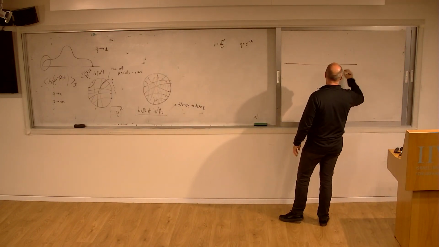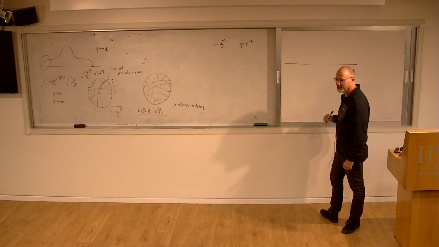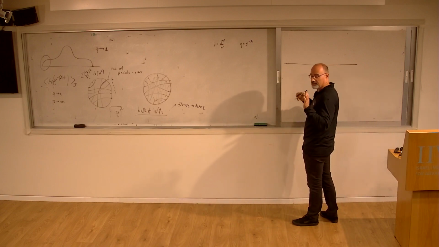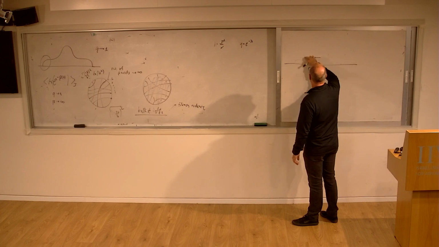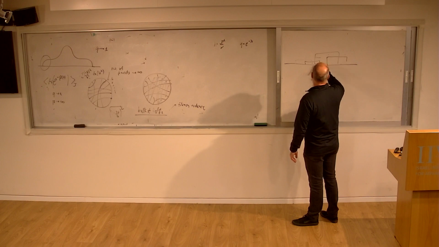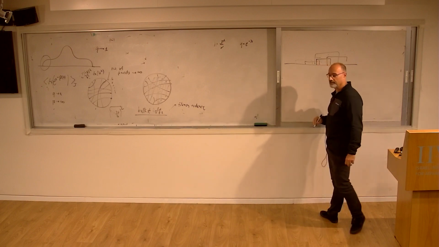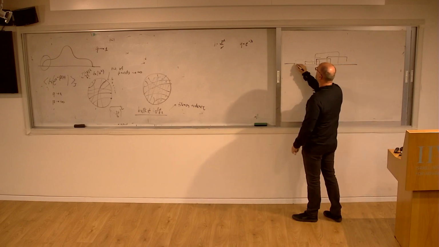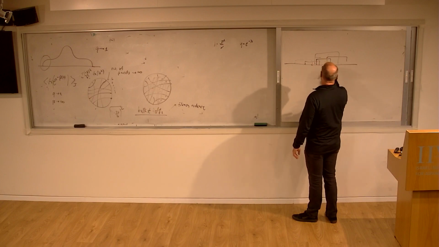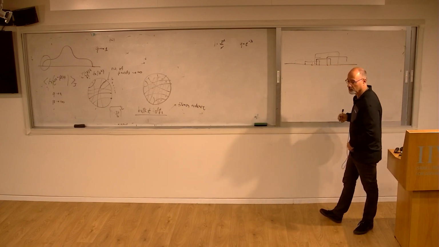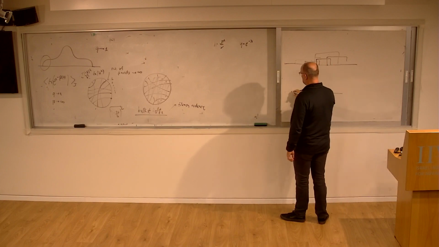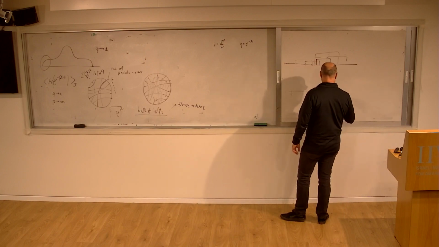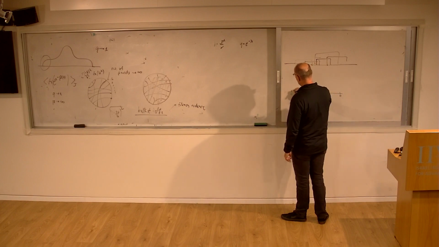Let's go back to this picture of the chord diagram where I start at 0 and end in 0. So I have something like this, and then I'm taking more and more points.